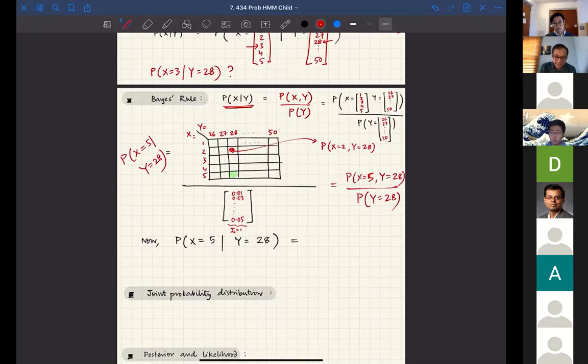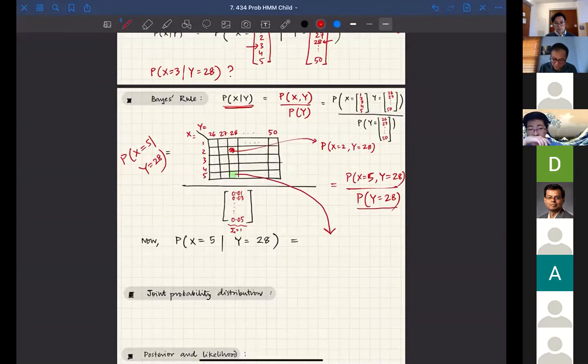Right? And now look, this value is nothing but this square, because that is X equals 5 and Y equals 28. So you take this value into your numerator.